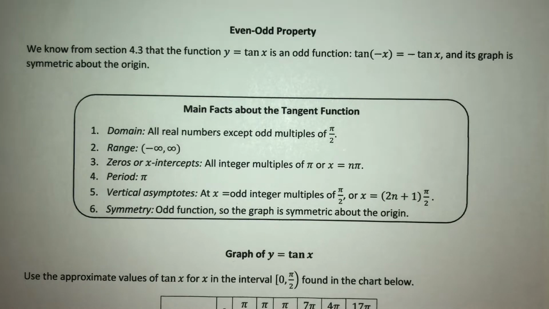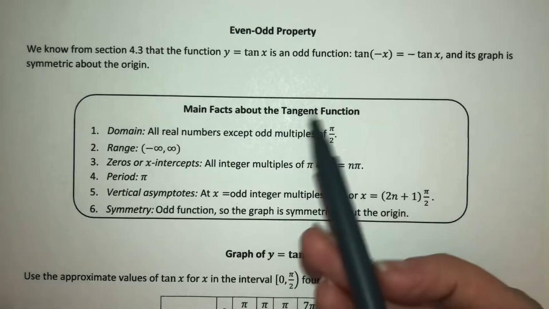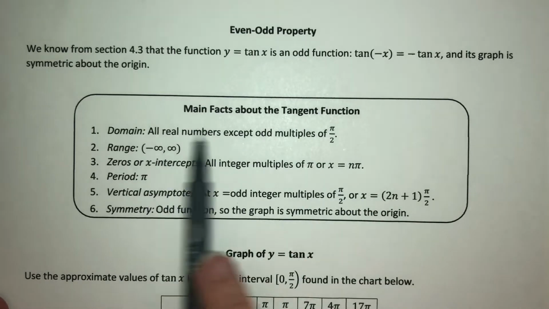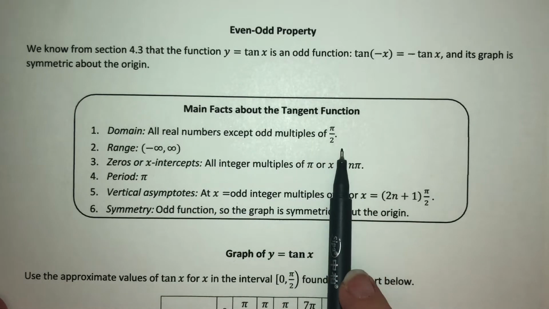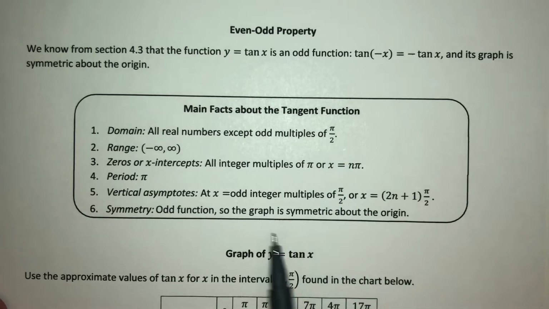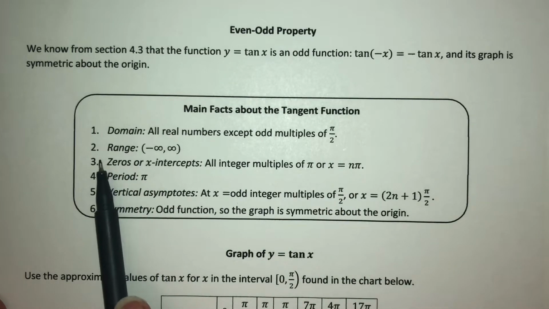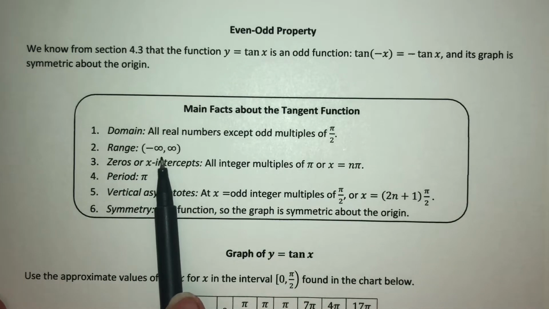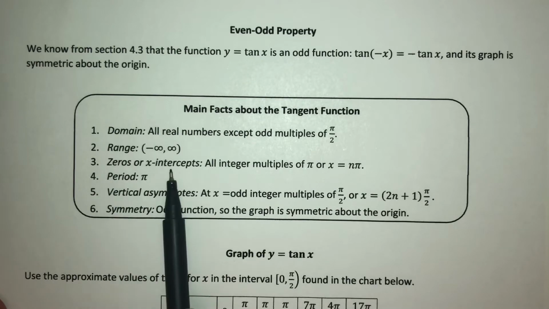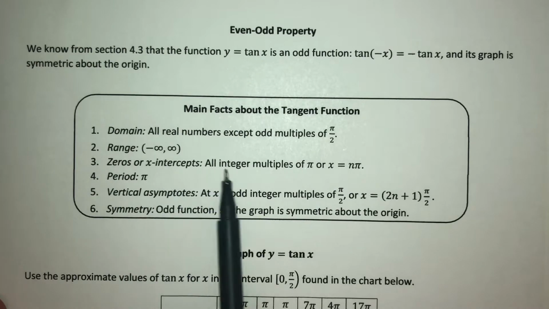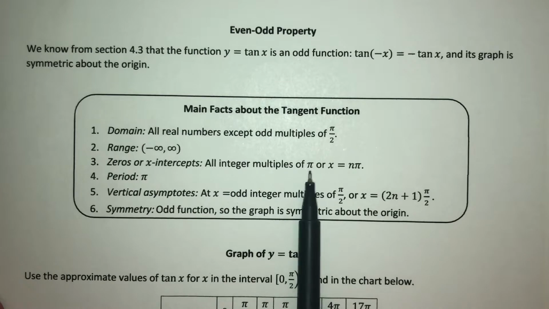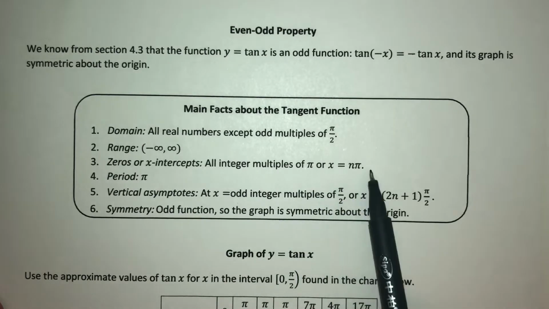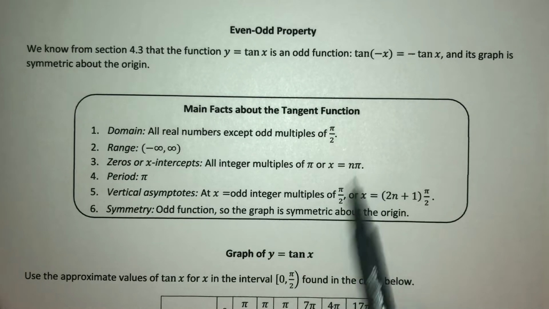So in summary, the domain of tangent is all real numbers except odd multiples of pi over 2. The range is all real numbers. Zeros or x-intercepts are all integer multiples of pi, or we could write it as x equals n times pi, where n is some integer.